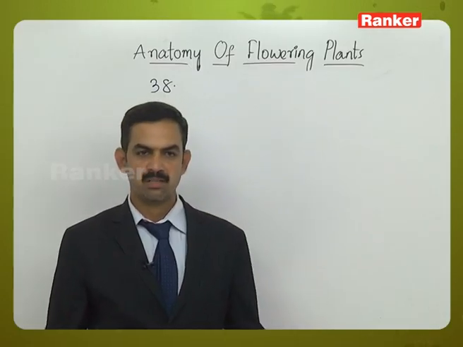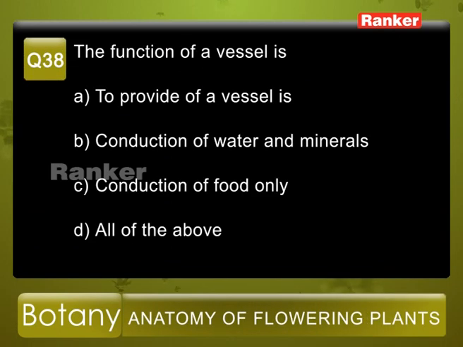Question number 38. The function of a vessel is, the given options are A. to provide stability, B. conduction of water and minerals, C. conduction of food only, D. all of the above.